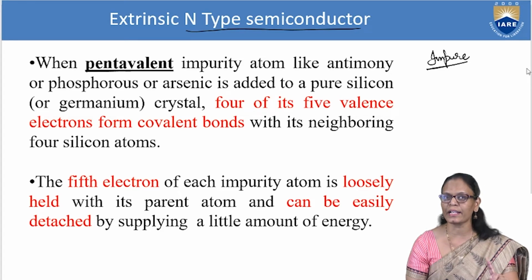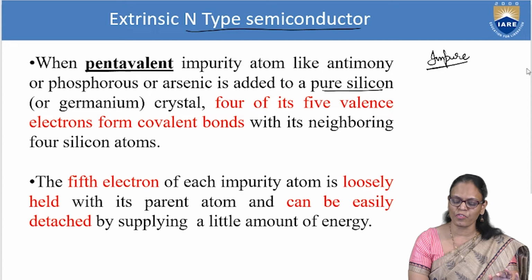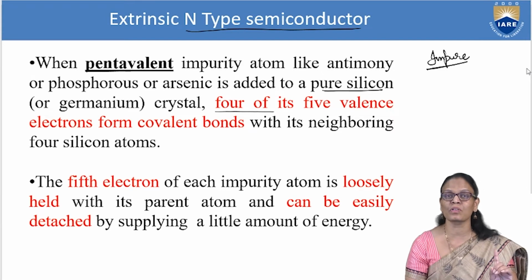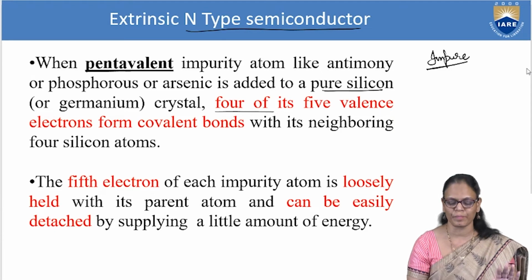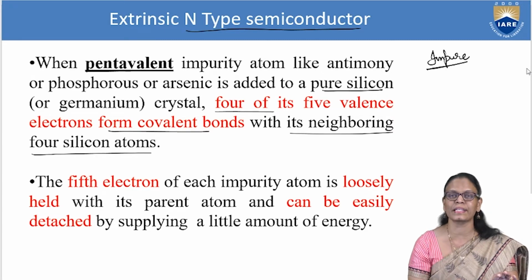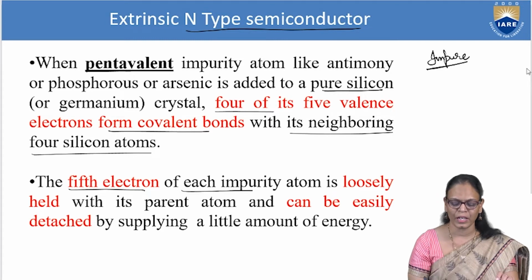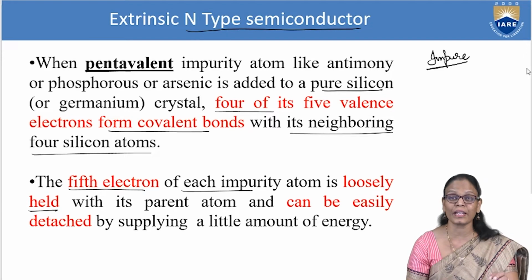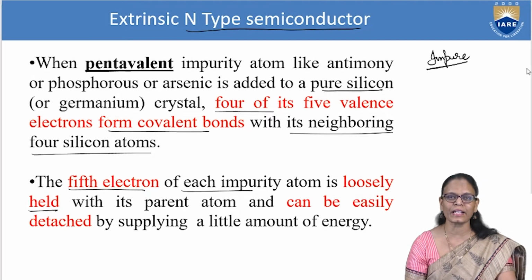When it is added to a pure semiconductor like silicon, 4 of the valence electrons of the impurity form covalent bonds with the neighboring 4 silicon atoms. And the 5th electron of each impurity is loosely held to its parent atom, and it can be easily detached by supplying a very little amount of energy.